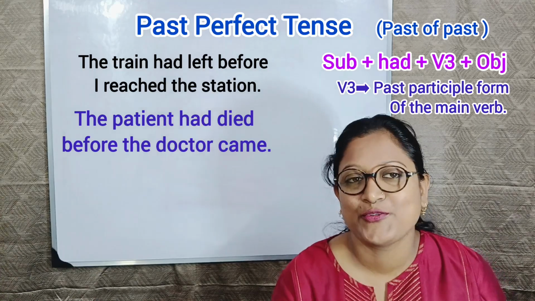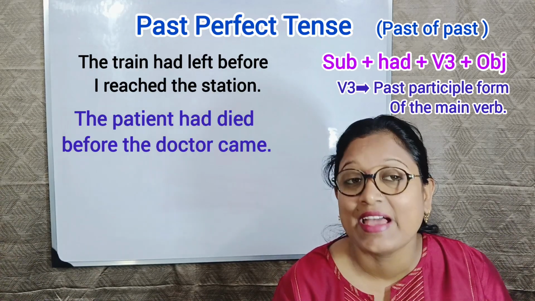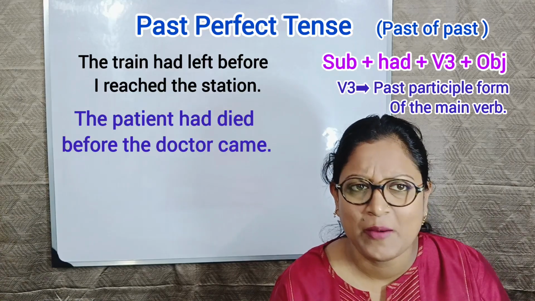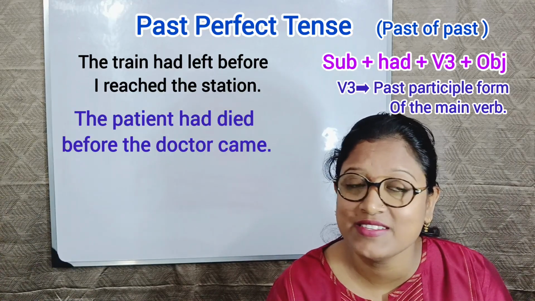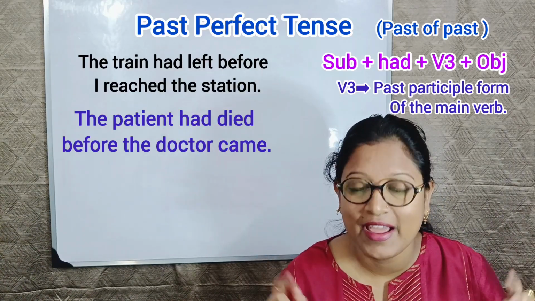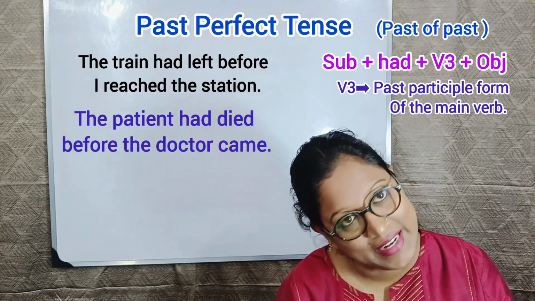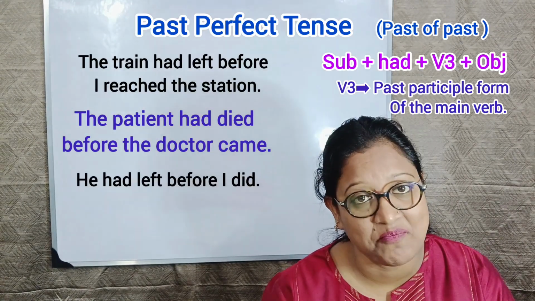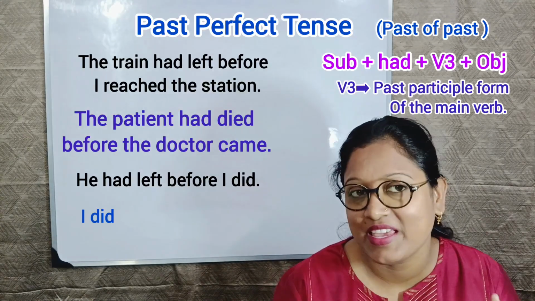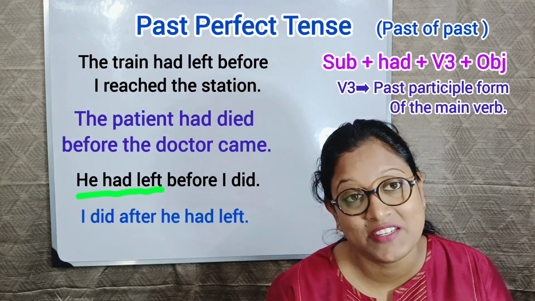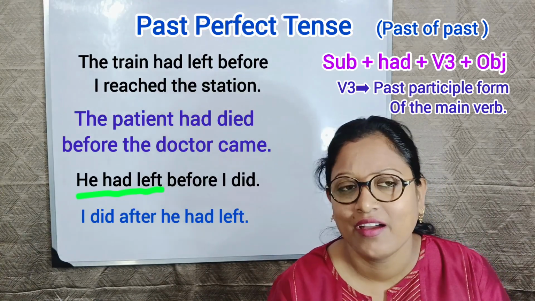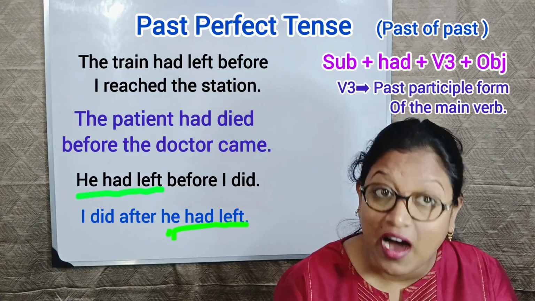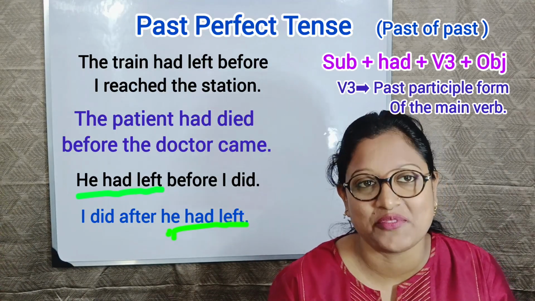Clear? So it is very easy to remember. Like, he had come before I did. So here we use past perfect tense before "before". Next, if I use after: I did after he had left.